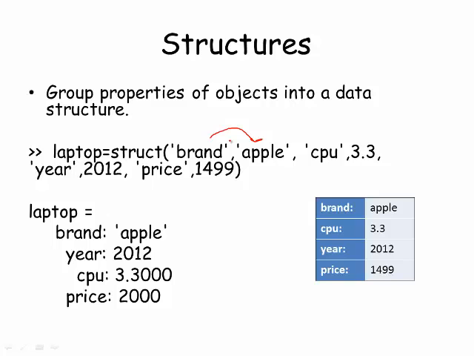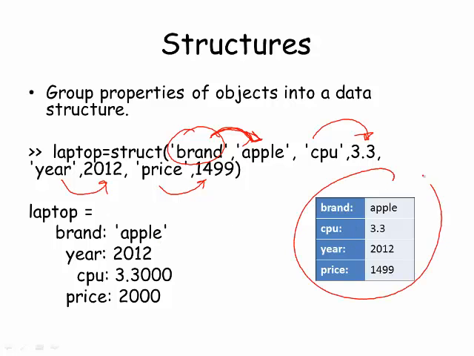Okay, better. So when you create a structure using the struct function, you pair up the field name and the value. In this case, I'm creating a structure with brand equals Apple, CPU equals 3.3, year equals 2012, and price equals $14.99. And I get this structure.